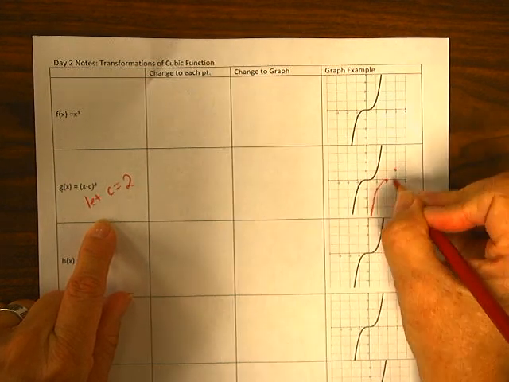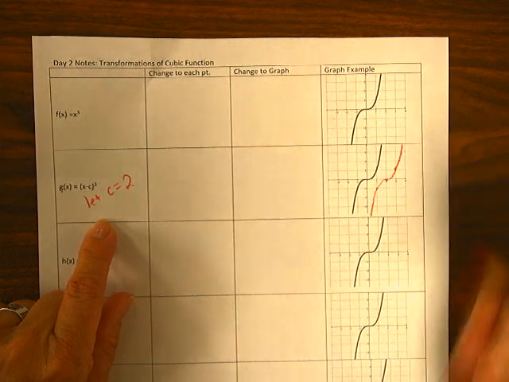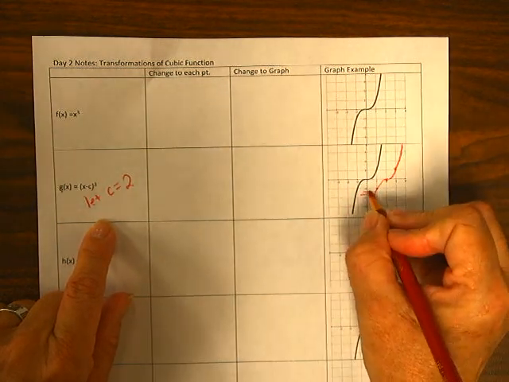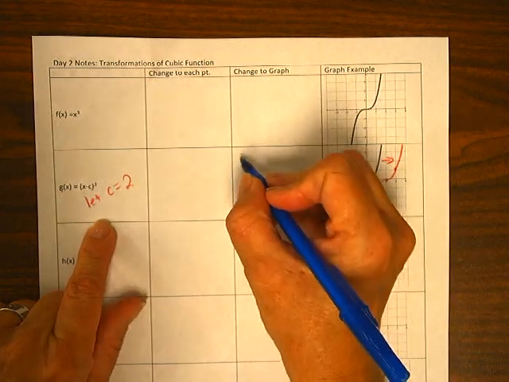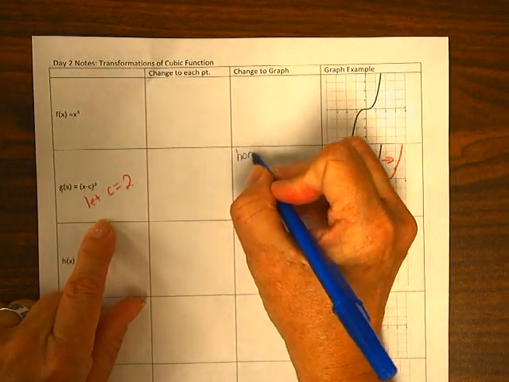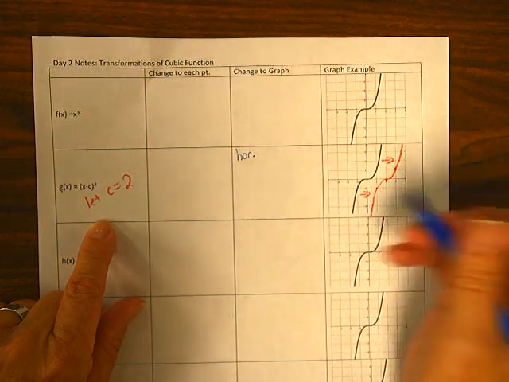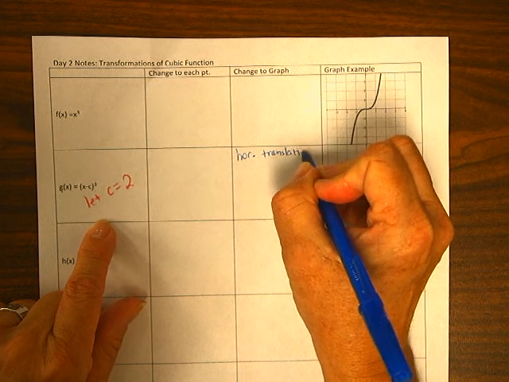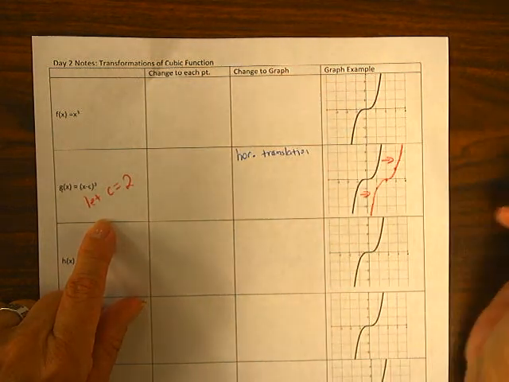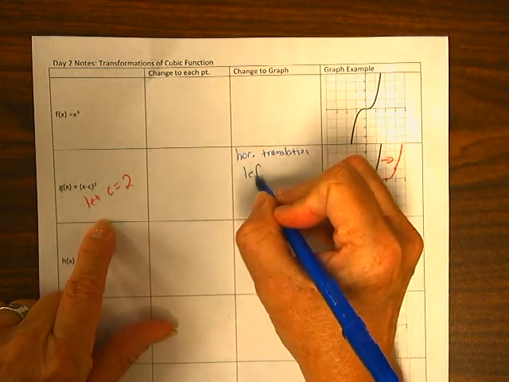And you're going to see what a horrible drawer I am. So this one moved every point to the right. And so the change to the graph is called our horizontal translation, I'm going to be abbreviating. Typically, we call this left or right.